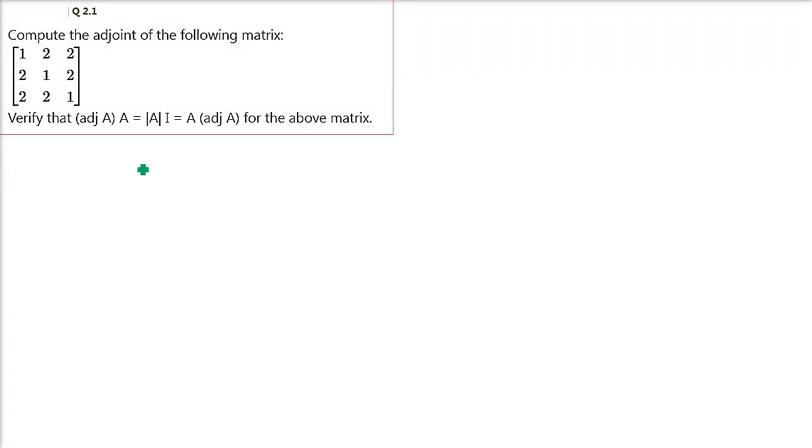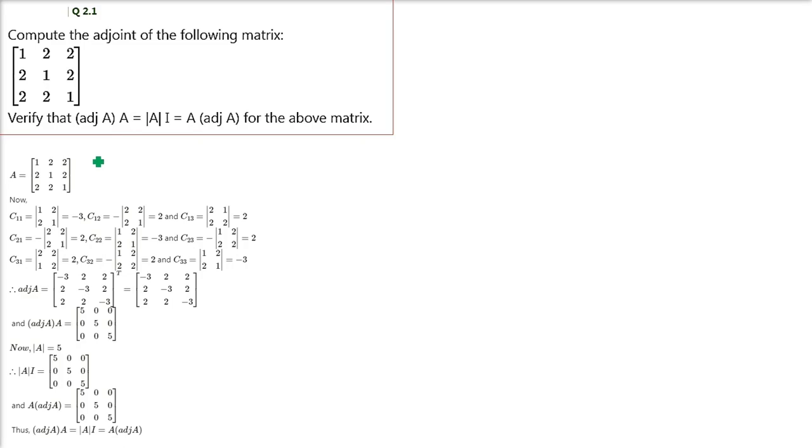Now compute the adjoint of the matrix, and we have already seen the 2 by 2. This is a 3 by 3, and we have to verify also. So we have to find out the cofactors, because cofactor is important, because we need to find out the cofactor matrix, and then we'll take the transpose, and that transpose of a cofactor matrix is the adjoint A. So let us see this.